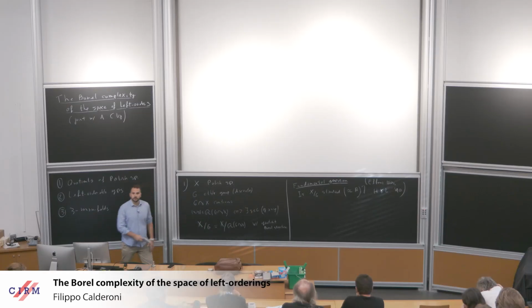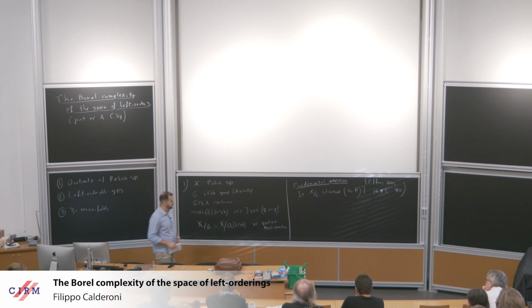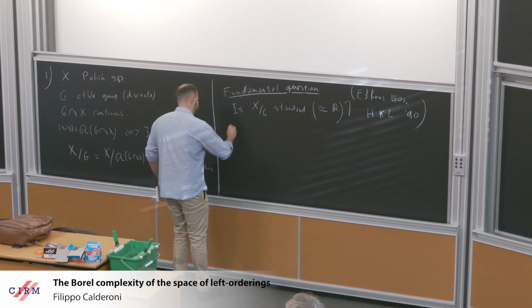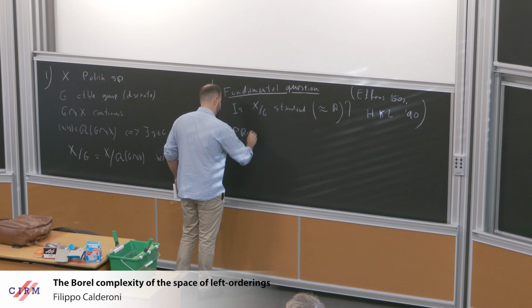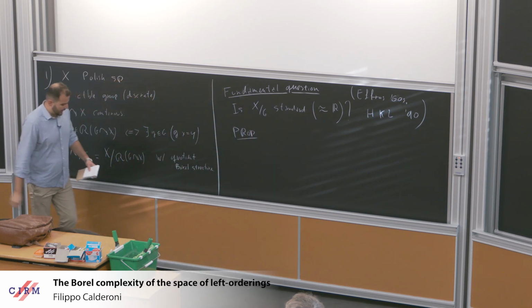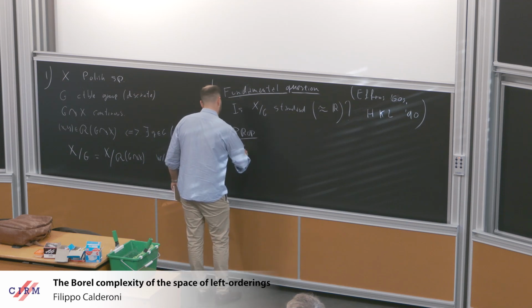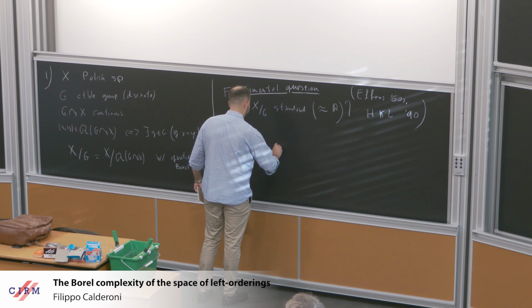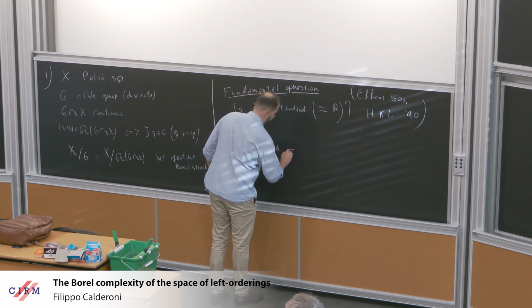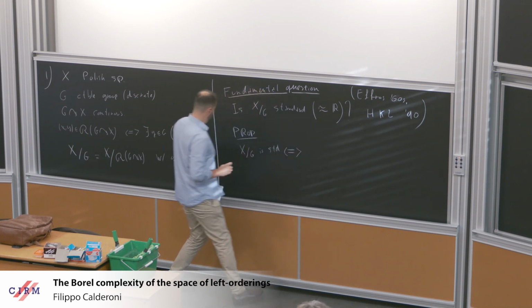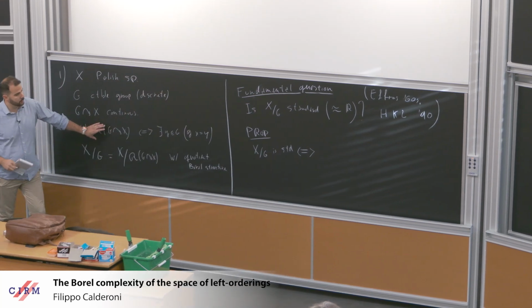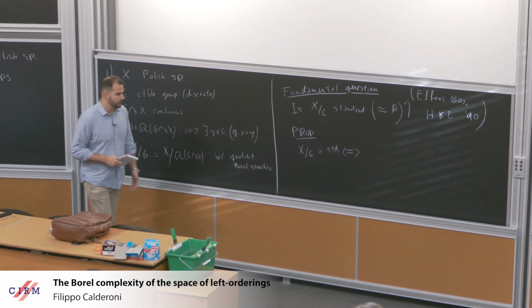Okay, so the main tool that descriptive set theory offers to attack this question is the notion of smoothness. And what I mean by that is that we know that the quotient space is standard if and only if the orbit equivalence relation is smooth.